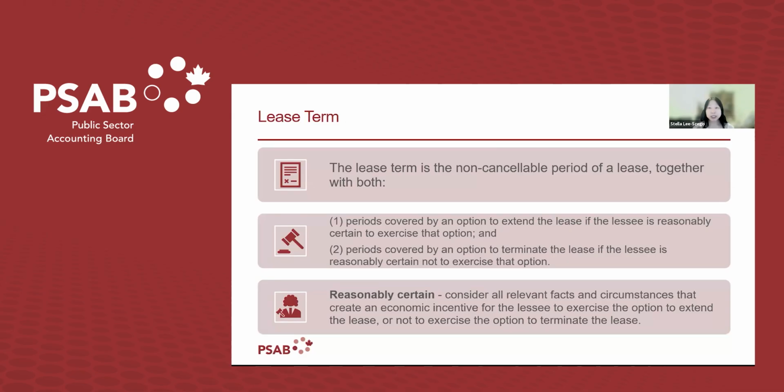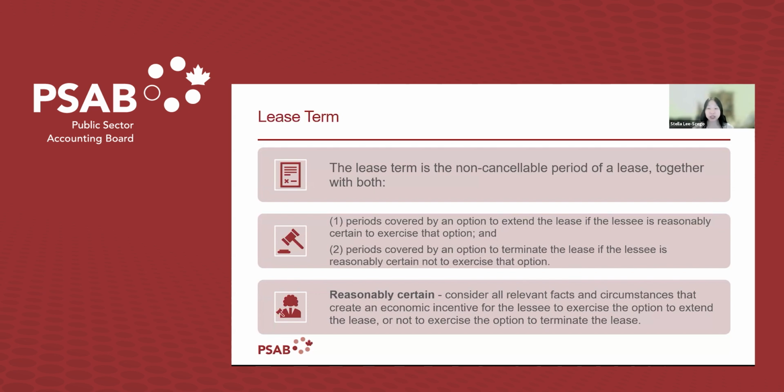Agreed. Being reasonably certain in lease options involves considering all relevant facts and circumstances that create an economic incentive for the lessee to exercise the option to extend the lease or not to exercise the option to terminate the lease. This includes factors like market conditions, financial benefits, and contractual obligations.